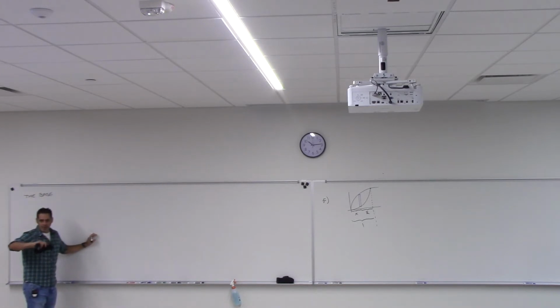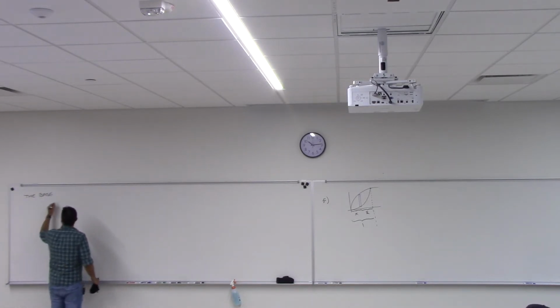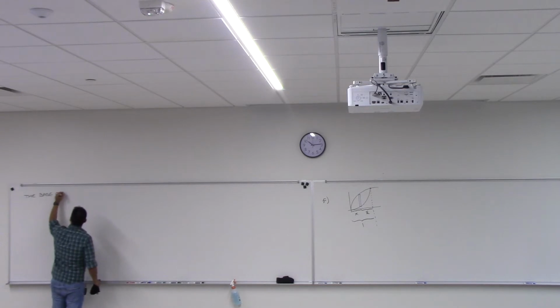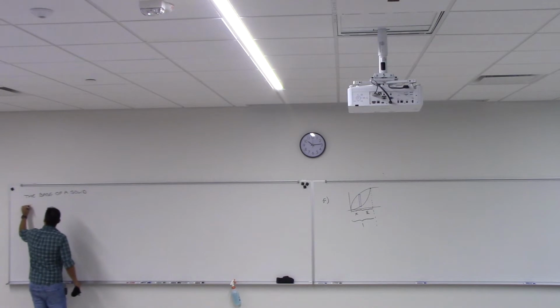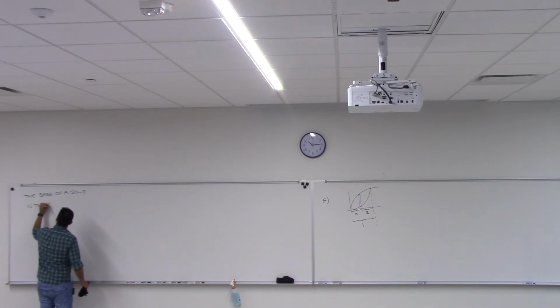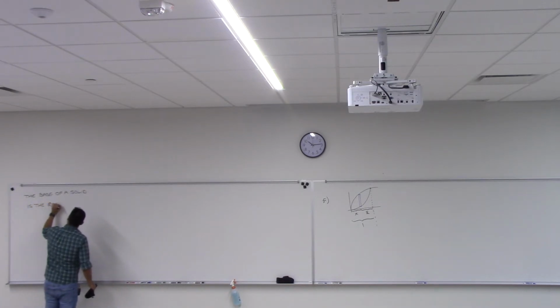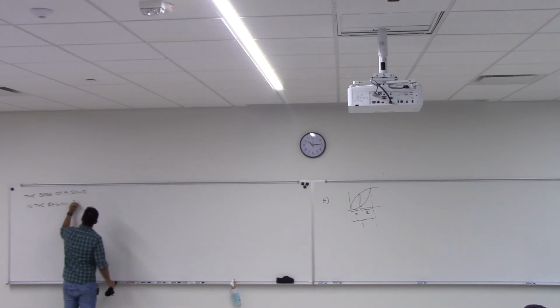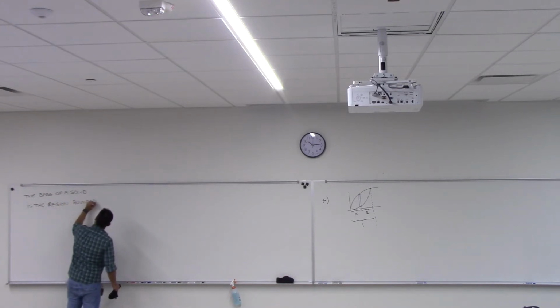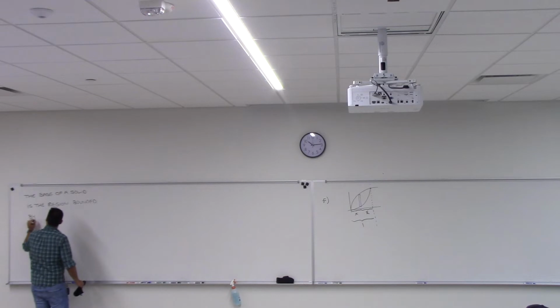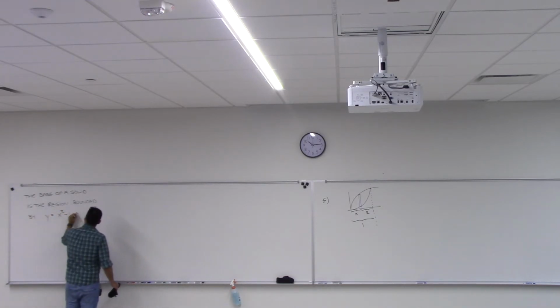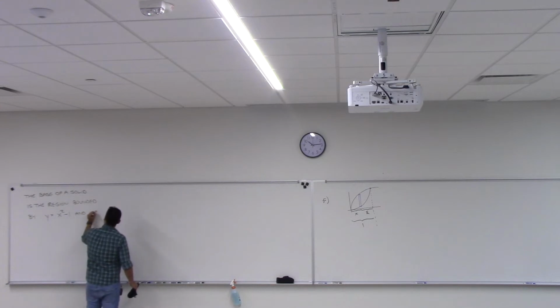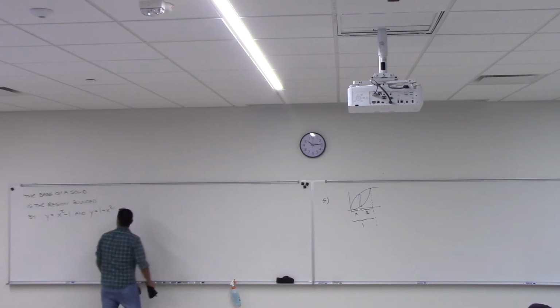We're not doing that. This is a new concept. The base of a solid is the region bounded by y equals x squared minus 1 and y equals 1 minus x squared.